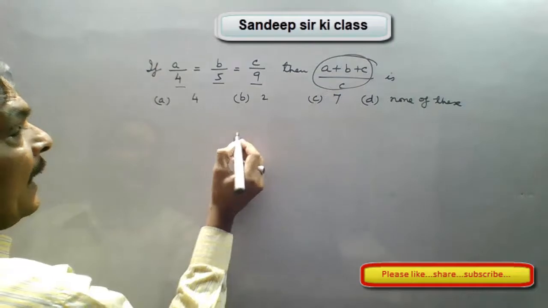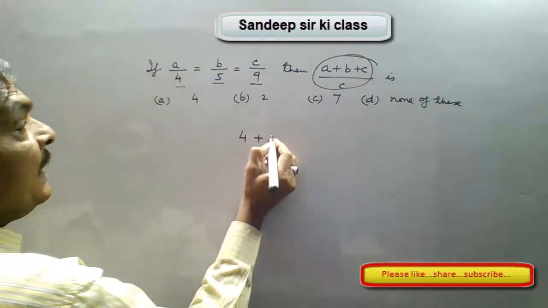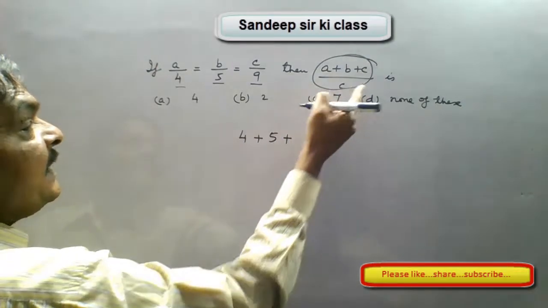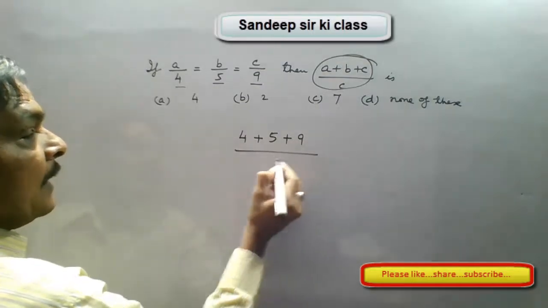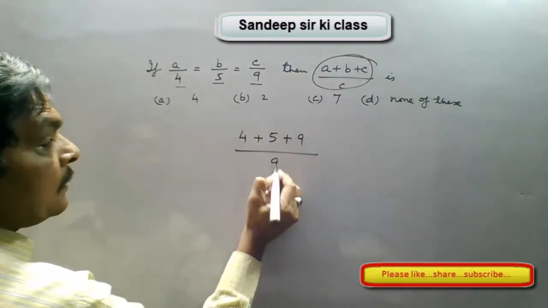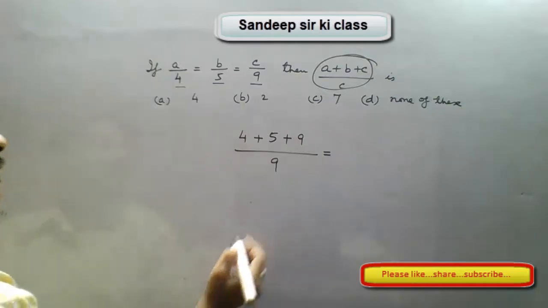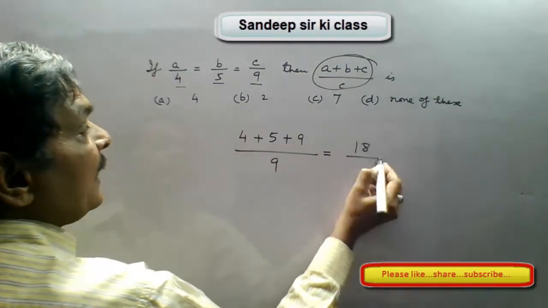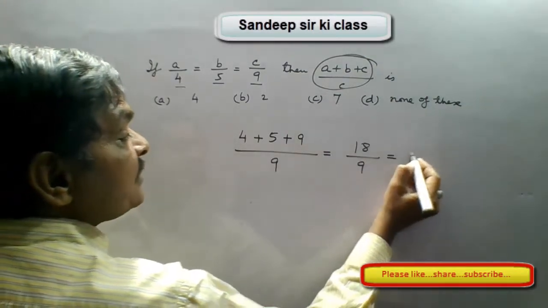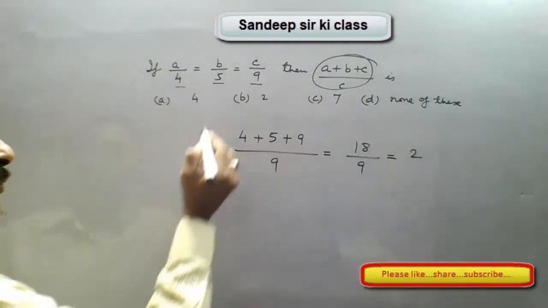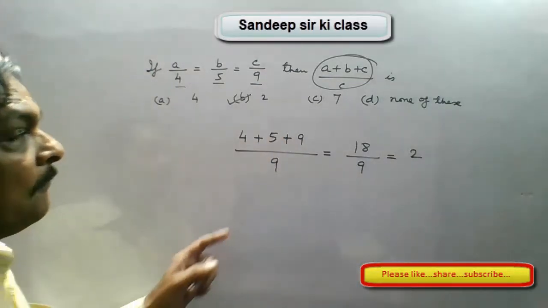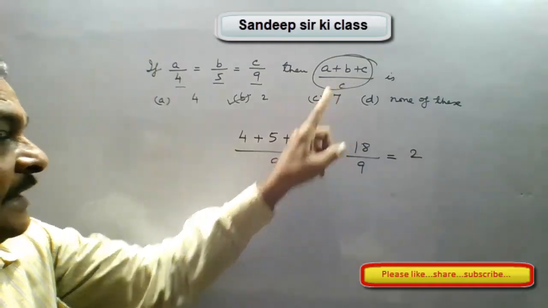So for A I am writing 4, B I am writing 5 and C I am writing 9. Again value of C is 9. So this is equal to 18 upon 9, which is equal to 2. So option B here is correct. Value of A plus B plus C upon C is 2.